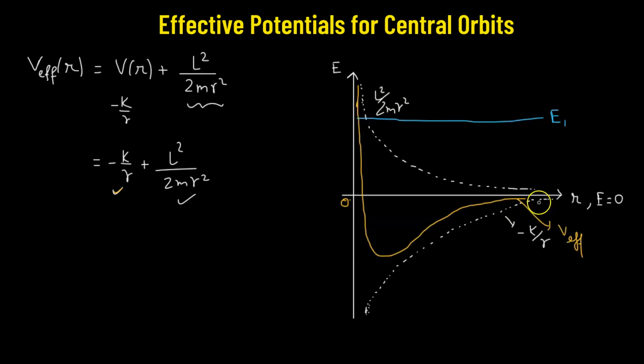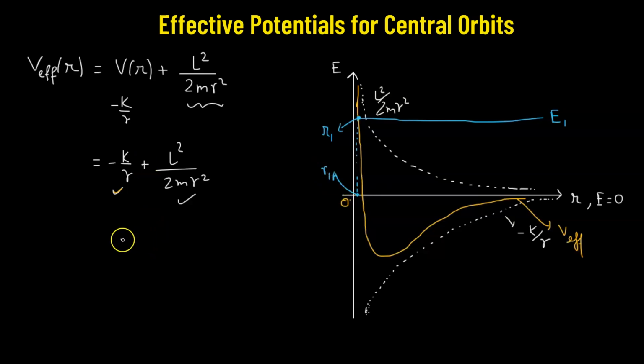Now what happens next is a particle which is coming with an energy E1 towards the force's center is going to come as close as possible to this particular position on the position axis. This is going to be R1.